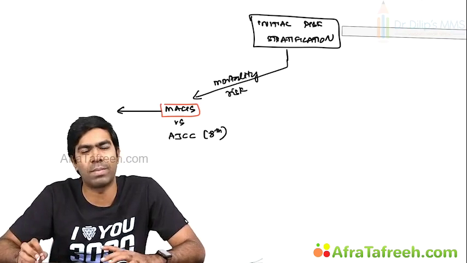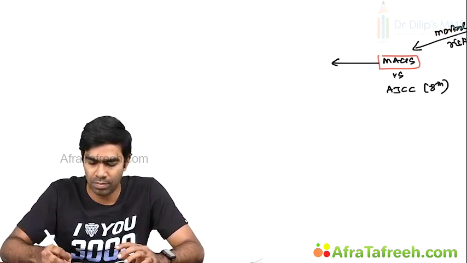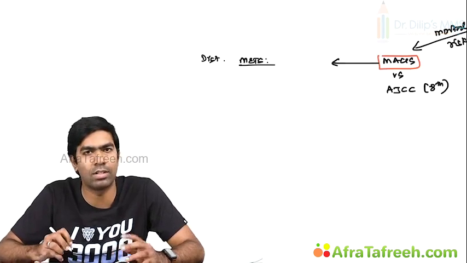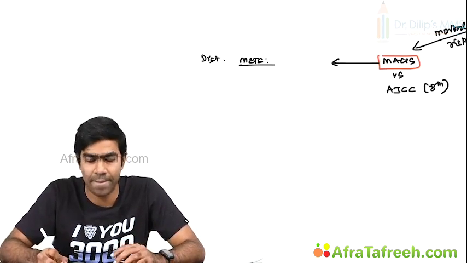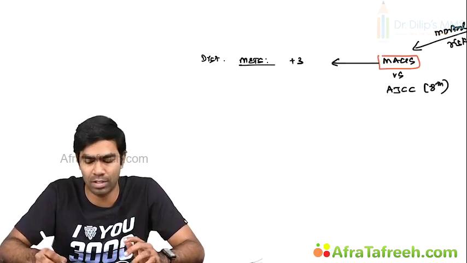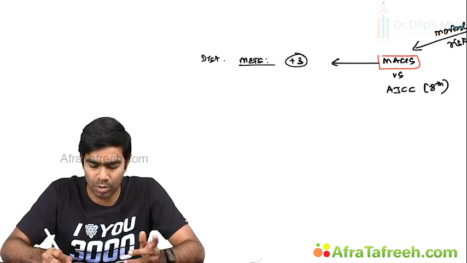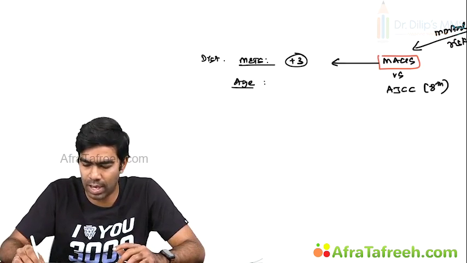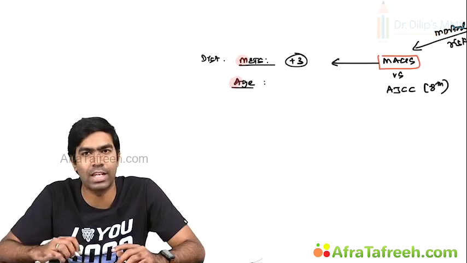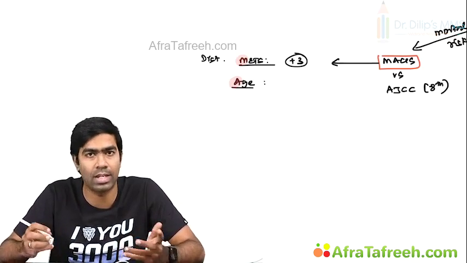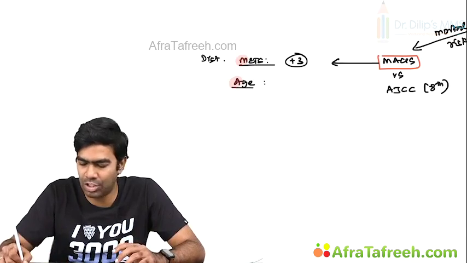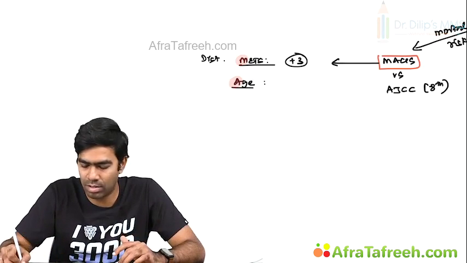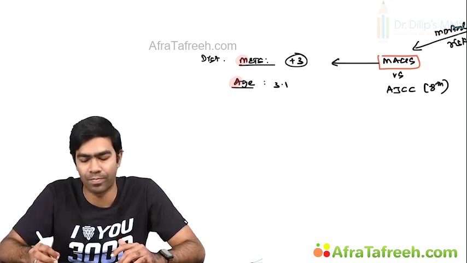So let me first finish off the MACIS score, which is traditional. First one, M, stands for distant metastasis. We're talking about distant metastasis, not lymph node metastasis. If distant metastasis is there, the score is +3. You can add to it. Then based on the age, that is the second thing. MACIS is an acronym, so you have age for A. If the patient is less than 40, that is 39 years and less, you can put a score of 3.1.